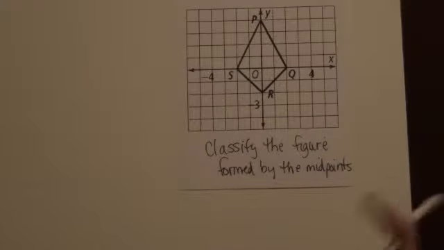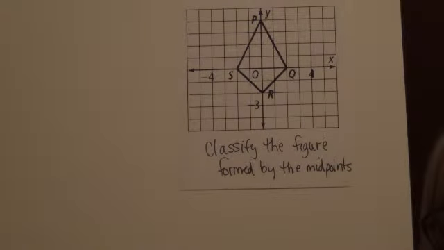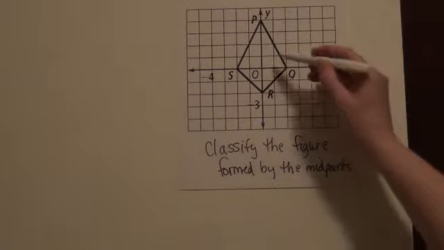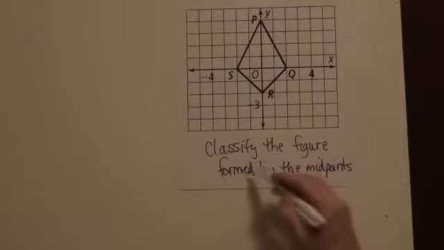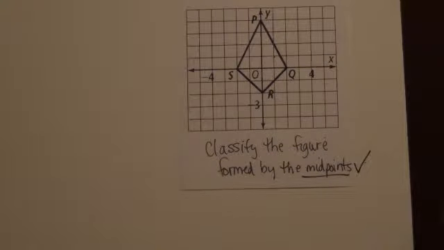Okay, now this last one is something you better pay close attention to. It looks like a kite, but the instructions on this one don't say to classify this figure. It says classify the figure formed by the midpoints. You've got to read those instructions. That means I need to find the midpoint of each side, connect them, and then see what that shape is. Okay? How do I find the midpoint? Sometimes you can see it.